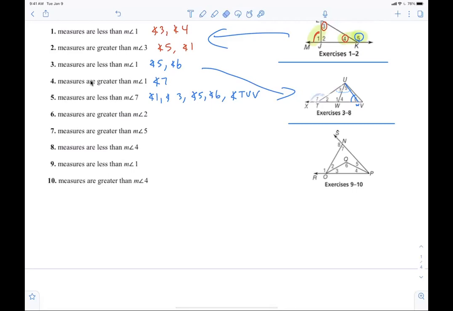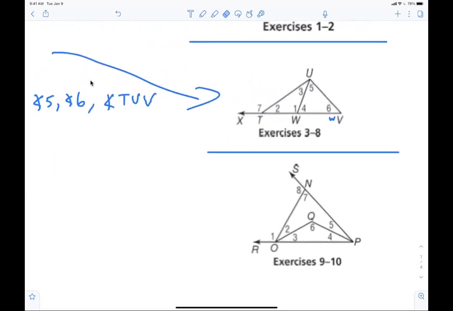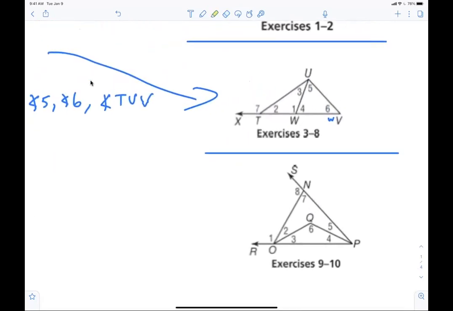I don't understand. Can you help me with this one? I'm not gonna help you, but we'll look at this. So highlight it so you can see it better. Now remember, what I always try to tell kids is look for: is that an exterior angle? So it must be a remote interior.